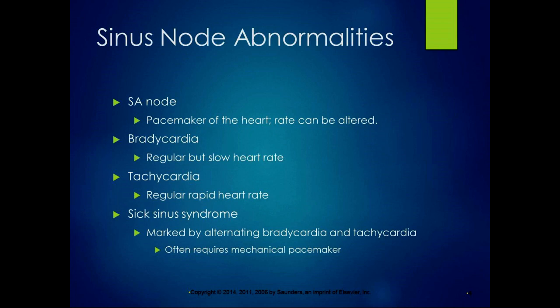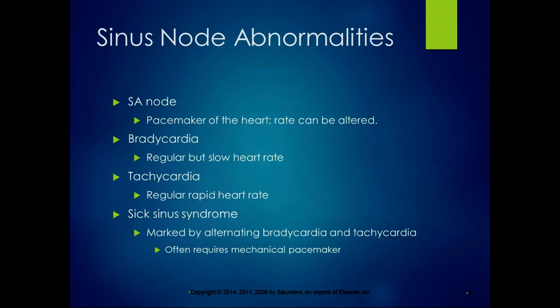So the different terminology: bradycardia means a regular but slow heart rate. And we know that what's considered the normal range for heart rate is 60 to 100 beats per minute. So bradycardia is going to be slower than that. Tachycardia is a regular rapid heart rate, so faster than 100. And that's just at rest.